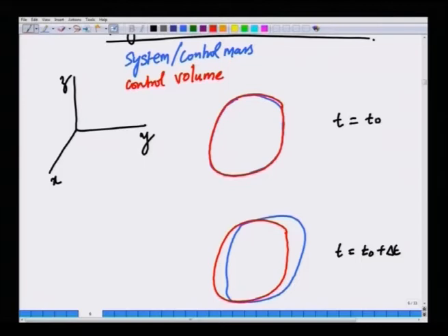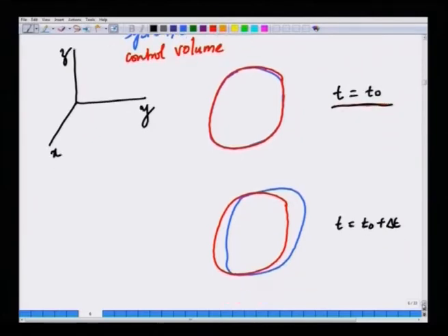Imagine that the system and the control volume, both the blue region and red region, coincide at time t equal to t0. That is what I have shown here to the best I can. At a later time, t equals t0 plus delta t, the CV is a fixed region in space with respect to a coordinate system x, y and z.